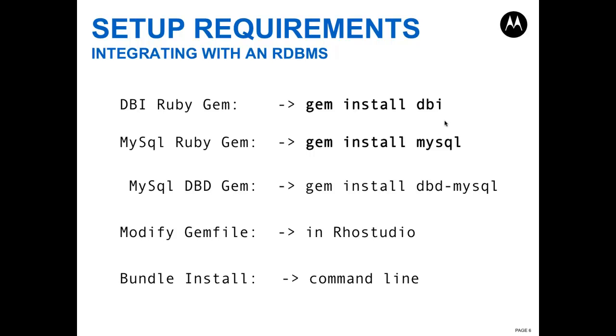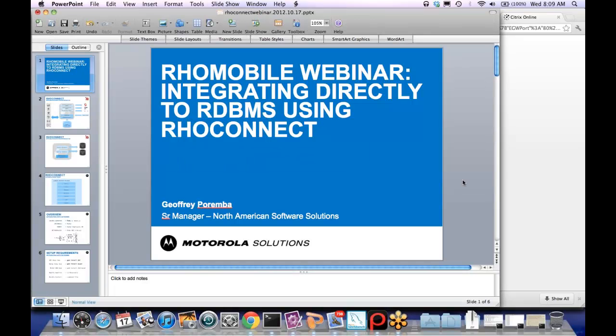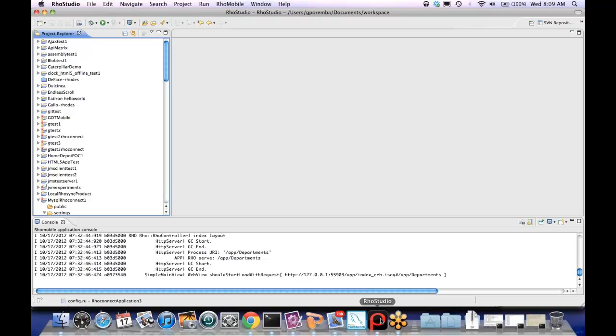Bundler, again, is probably something you guys are familiar with, but if you're not, it basically just makes sure that the Ruby application that you're running has access to all of the gems that you need. We'll talk about that a little bit later as well. So, without further ado, let's dive into the project, and let's start going over the code and see a demo of how this all works.